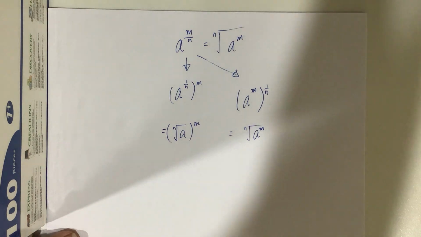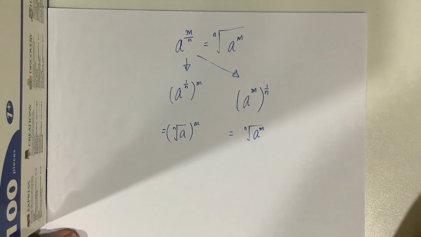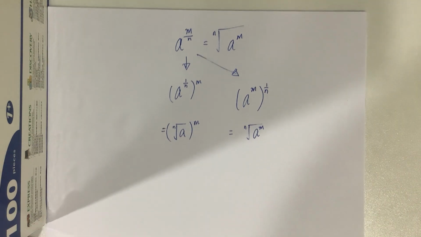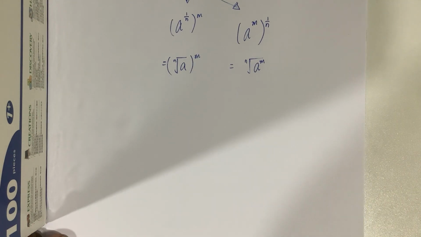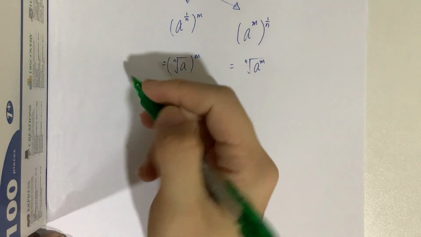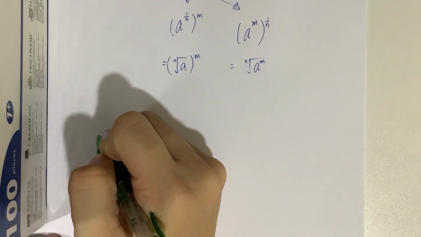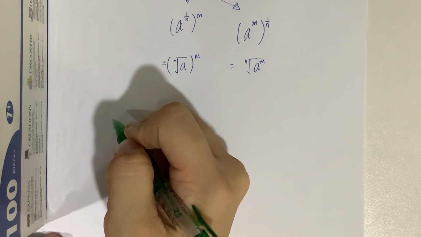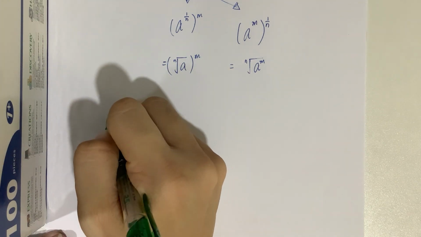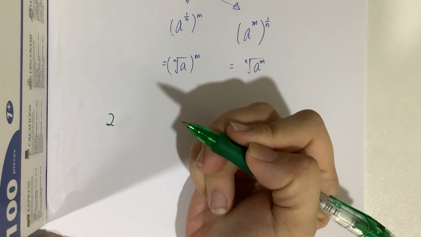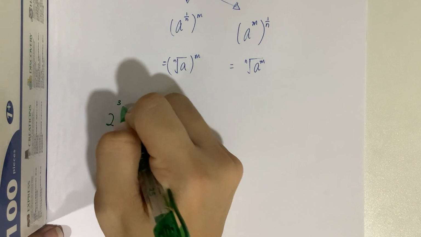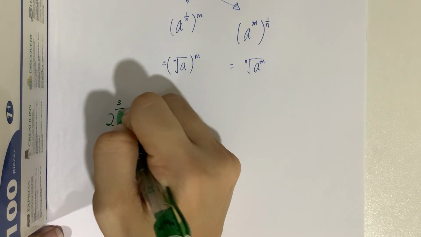Now let's try it out with a few examples to prove that it actually works. Let's say we have 2 to the power of 3 over 2.